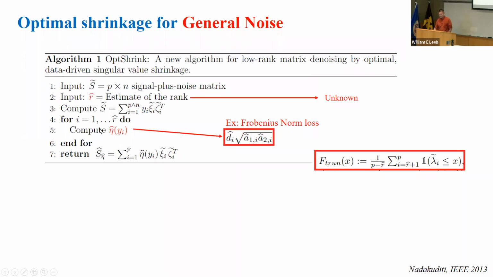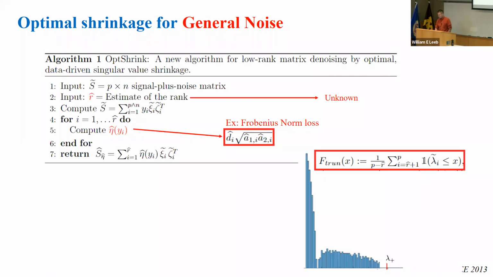Although, we have a closed form for the optimal shrinker, which is decided by the original signal strength and A1 and A2, the inner products of the left and right singular vectors. This form is decided by the Frobenius norm. They also have results for the operator norm and the nuclear norm in Matan Gavish and David Donoho's paper. But how do we estimate this signal strength and these inner products?